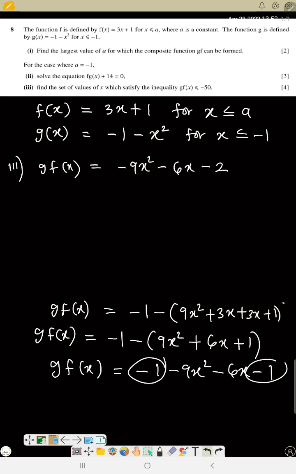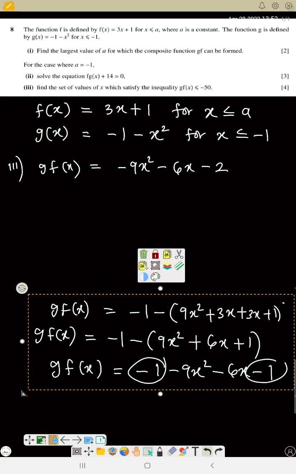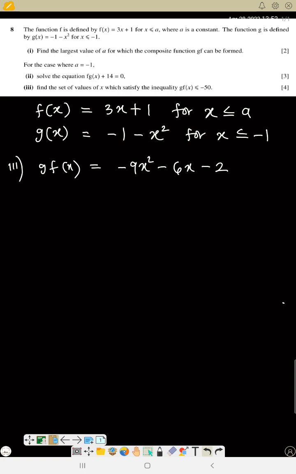So according to the question, G of f of s is less than or equal to minus 15. That means minus 9s squared minus 6s minus 2 is less than or equal to minus 15.